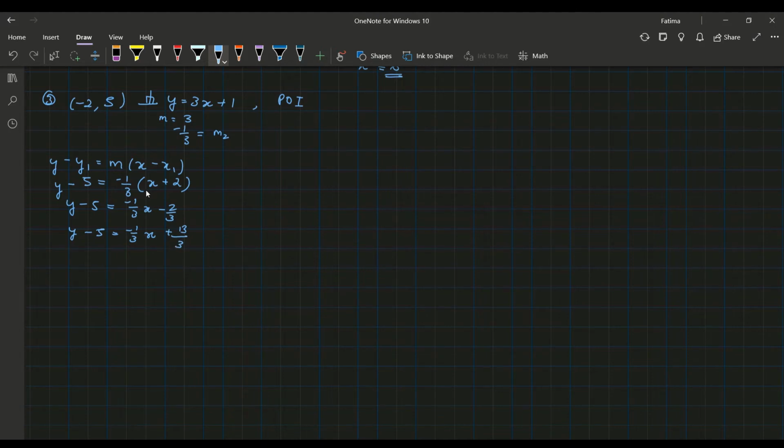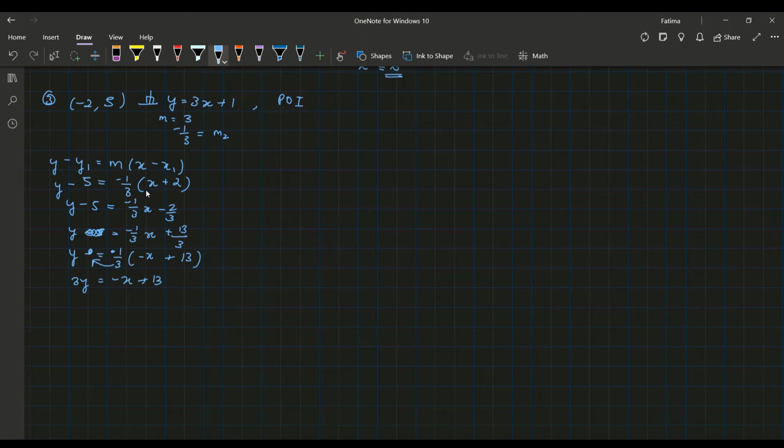So that is y = now if I take out 1/3, I'd have (-x + 13). So if I take 3 to that side, it will be 3y = -x + 13. This is the equation for the second line, or the new line.